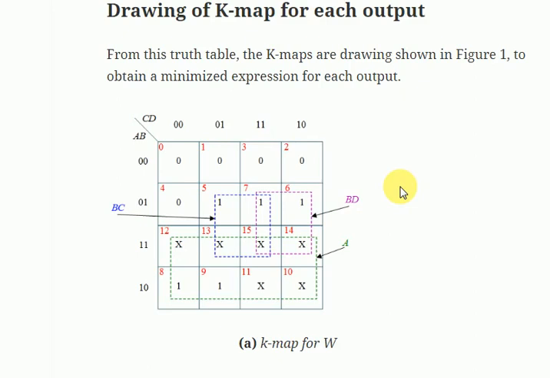For the W output you may see that M5, M7, M6, M8 and M9 have 1s.